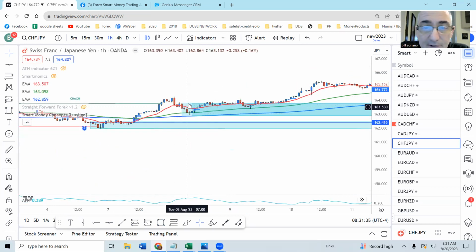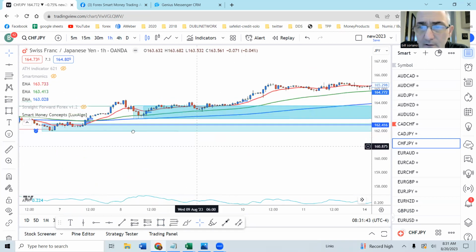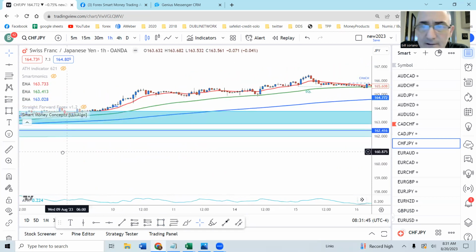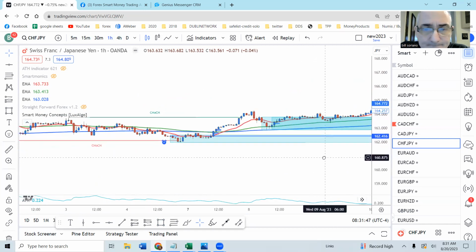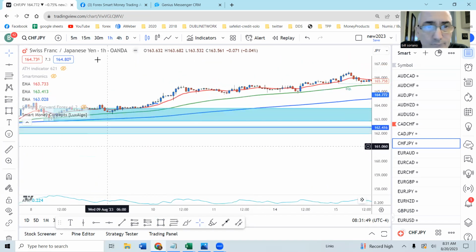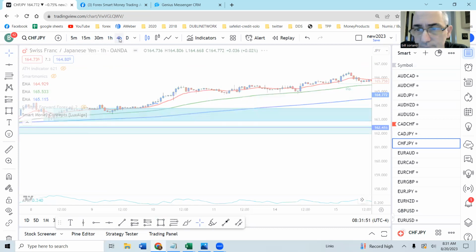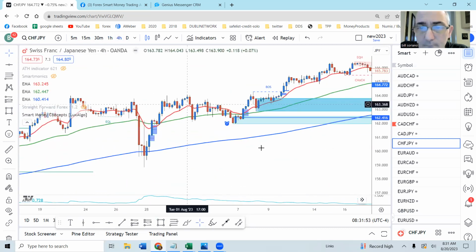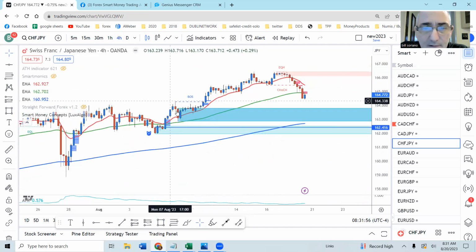Okay. And you can see here that right here, we have this last up candle before the down move here. Oh, wait a second. Let me look at this again.